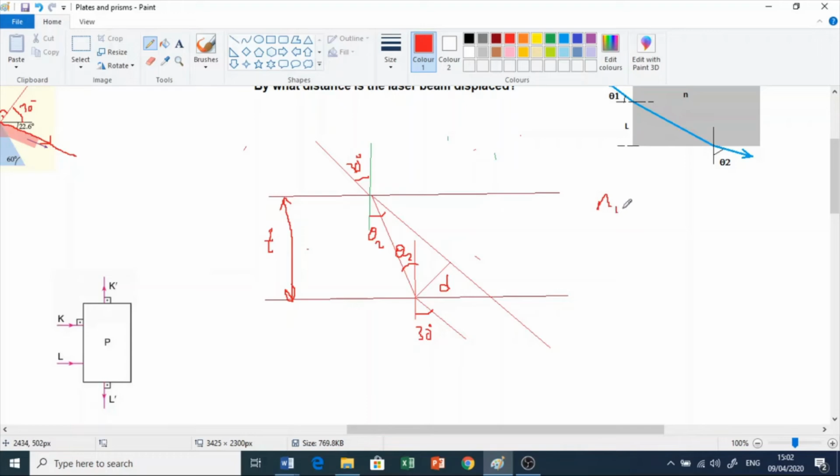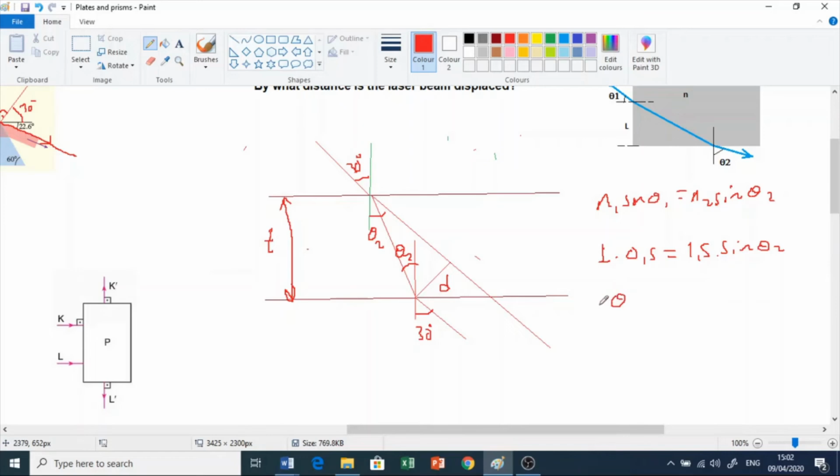Let's use Snell's law. n1 sine theta 1 equals n2 sine theta 2. n1 is the index of refraction of air. Sine theta 1 is the sine of 30, which is 0.5, equals n2, the index of refraction of the glass, which is 1.5, times sine theta 2.